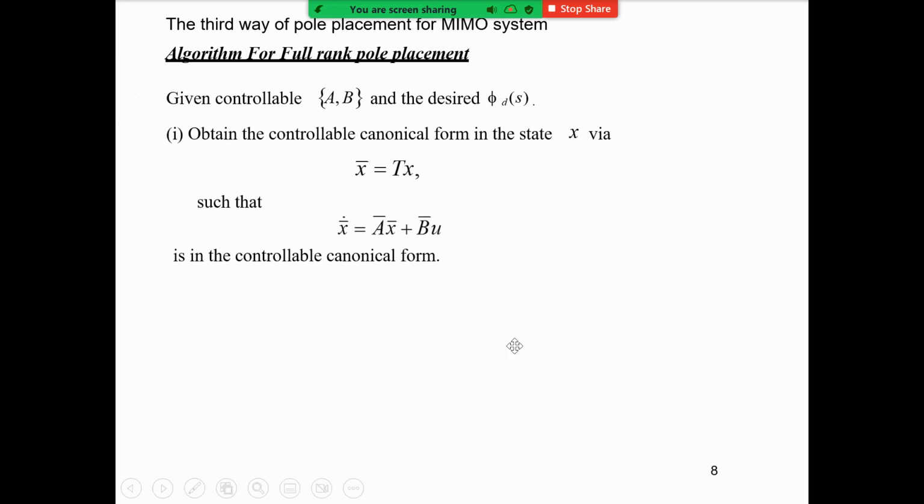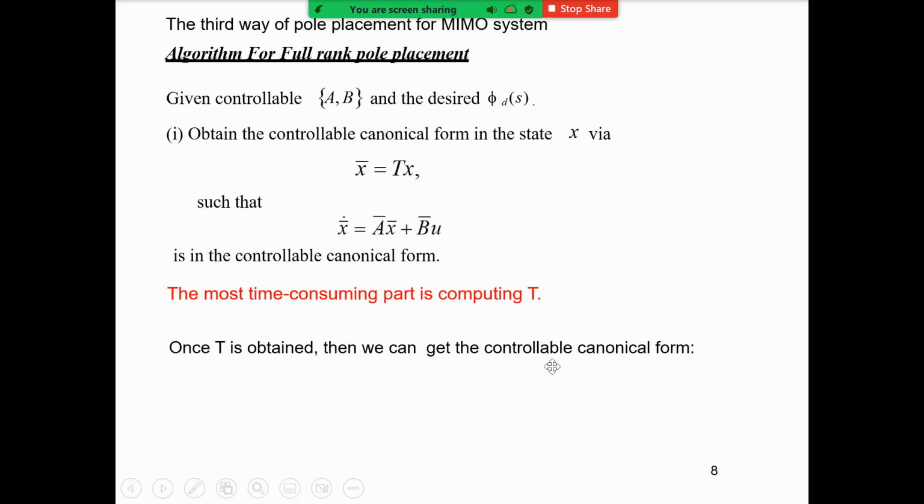To compute this controllable canonical form, the time-consuming part will be computing the transformation matrix T. Once you get the correct transformation, the others you just follow the procedure step by step. Then you get your T and then you will get your A bar and B bar.